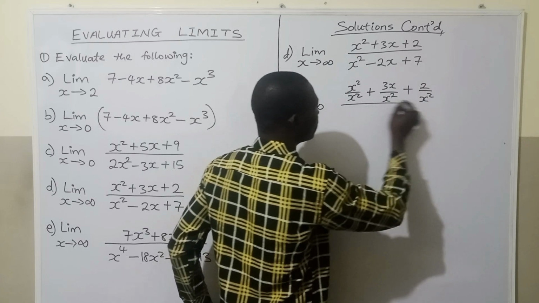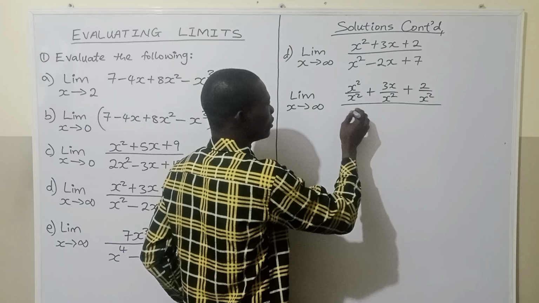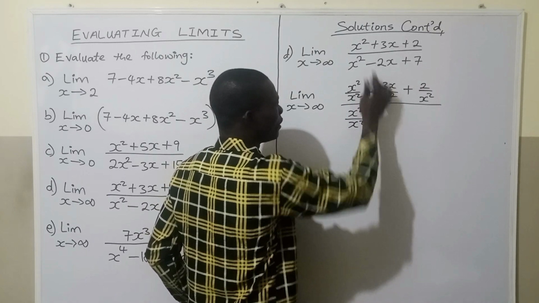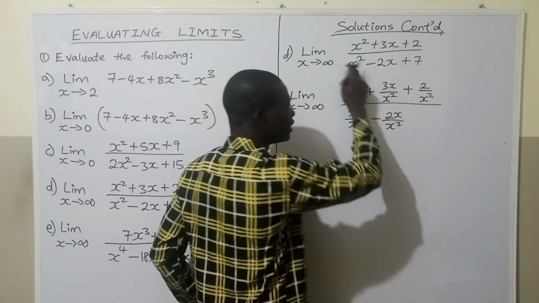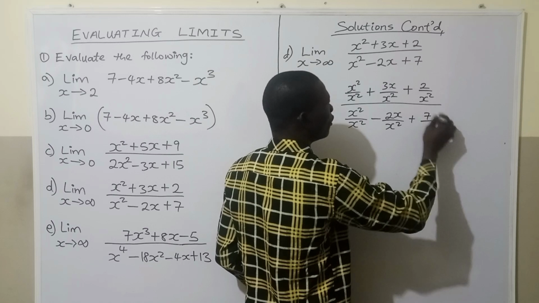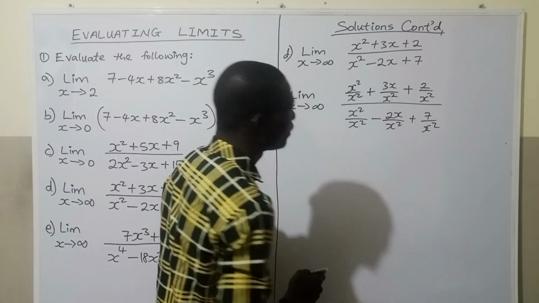So what does that become? Over, as we have this now, this is going to be what? Also x squared over the same x squared, then minus 2x over same x squared, which is the highest power in the denominator, and then plus 7 over that same what? X squared.